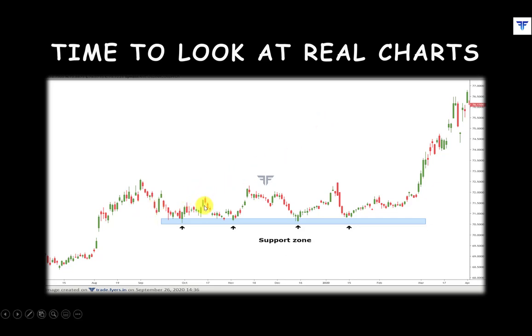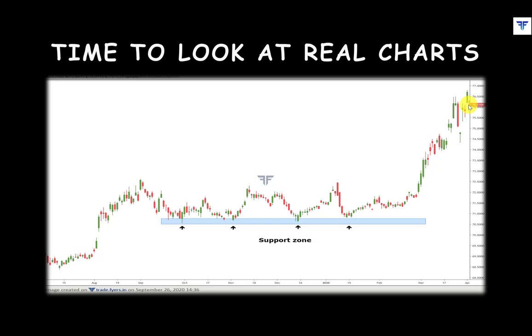Here, a support zone is drawn to show a confluence of lows at near identical levels. See that the price bounced multiple times from this zone before eventually heading sharply higher.